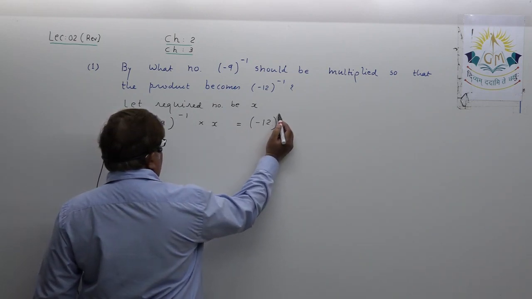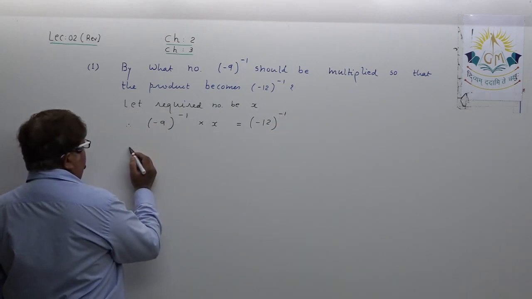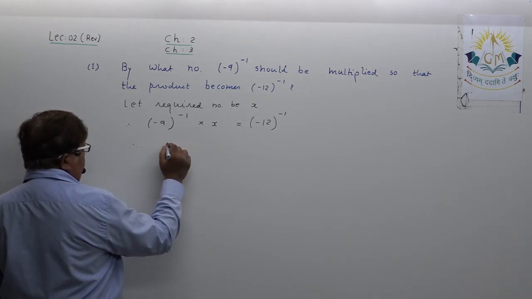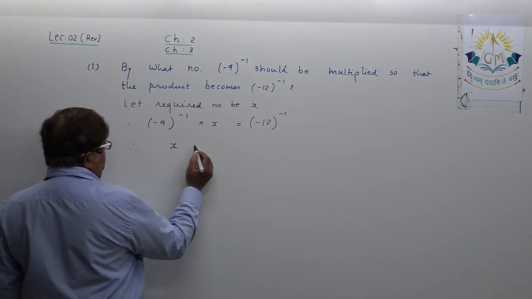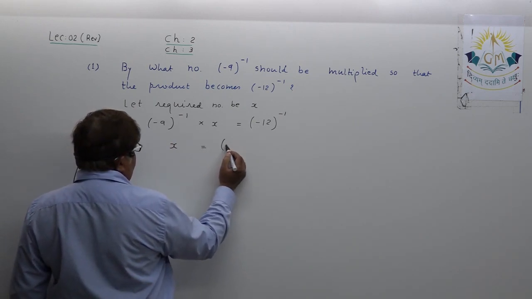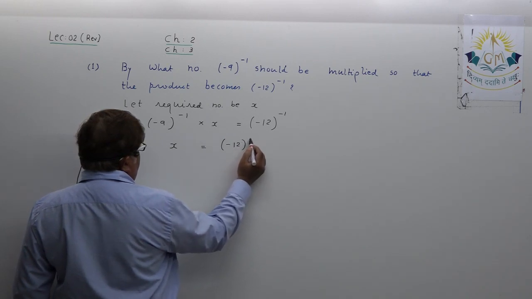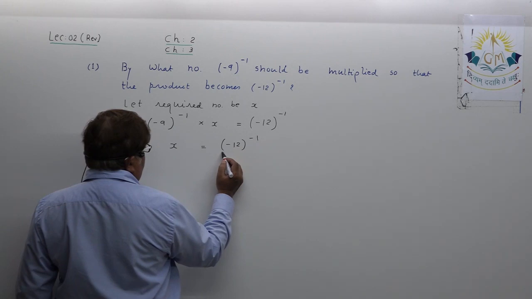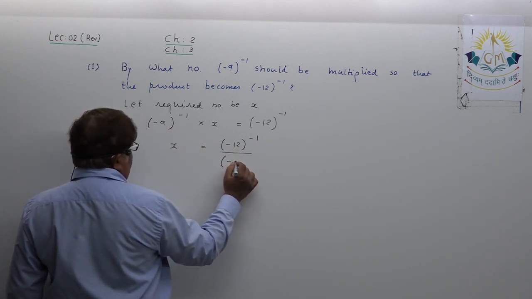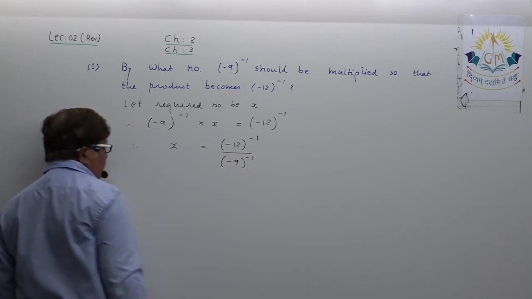Minus 12 raised to minus 1. Now the next step is transferring this number there. So we got x equals to minus 12 raised to minus 1 upon minus 9 raised to minus 1.